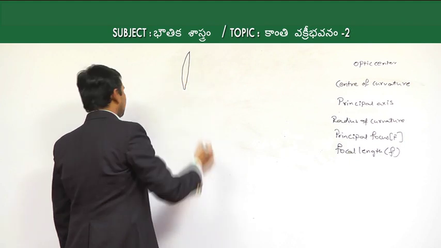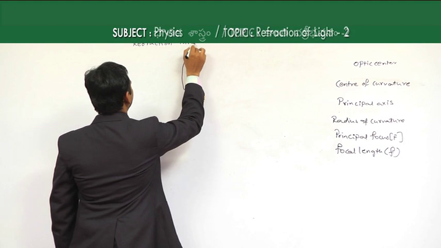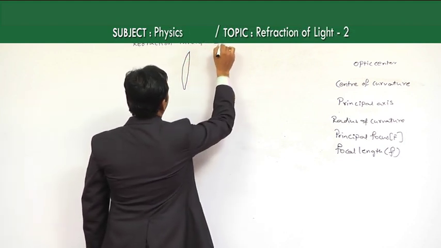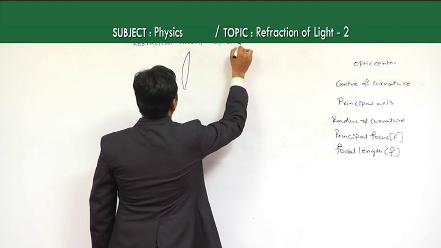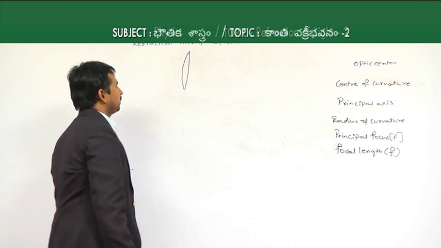Now we are taking a convex lens. Refraction through a spherical lens. You can take a convex or you can take a concave. Here I am taking a convex lens.